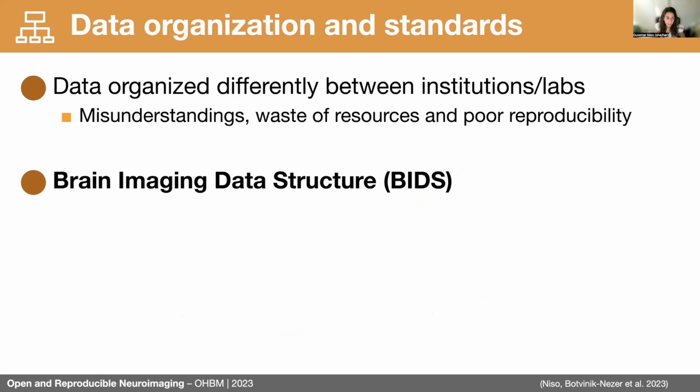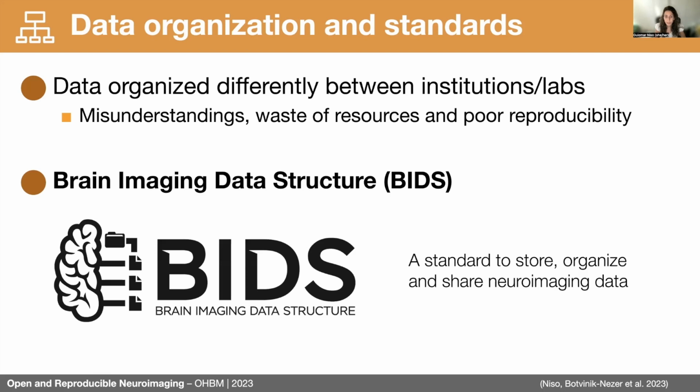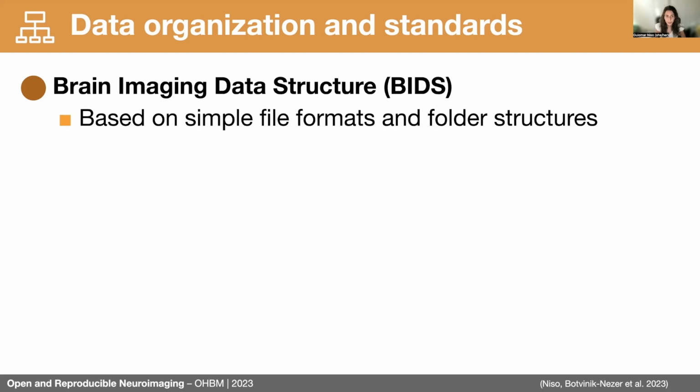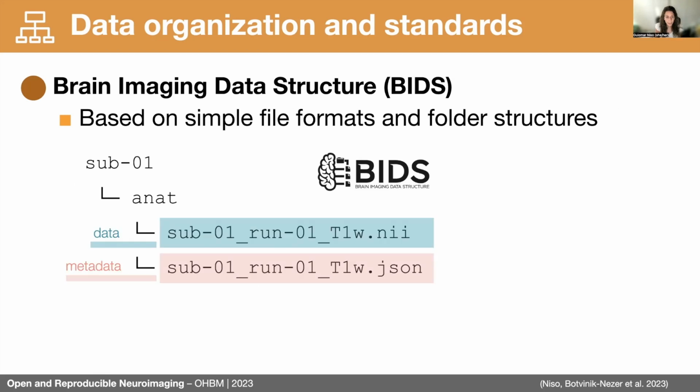That's why the Brain Imaging Data Structure, BIDS, emerged for neuroimaging data. BIDS is just a standard to store, organize, and share neuroimaging data. BIDS is based on simple file formats and folder structures. It's important that together with the data, we also store all the metadata in a JSON file next to the data.